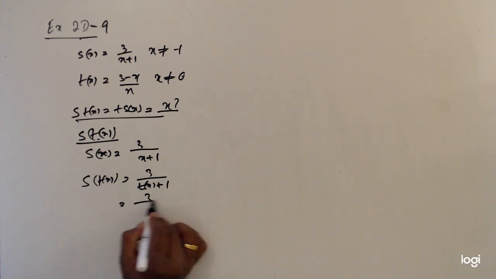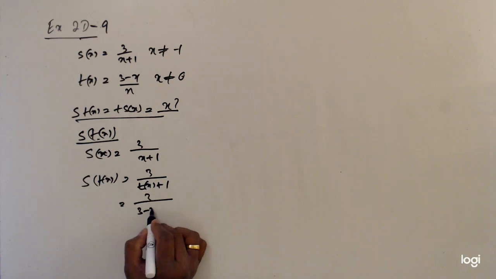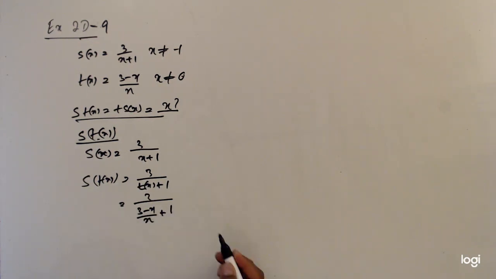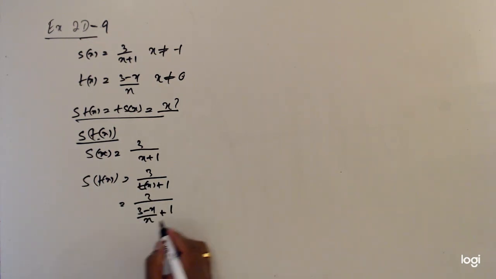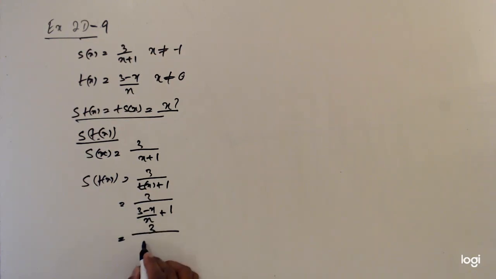T(x) means 3 minus x over x plus 1. Now we have 3 over (3 minus x over x plus 1) plus 1.